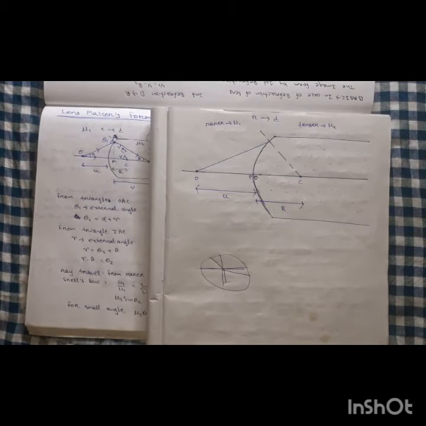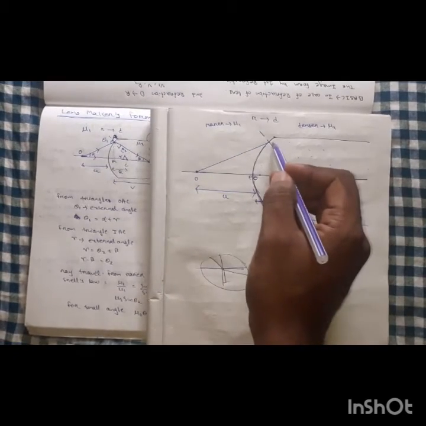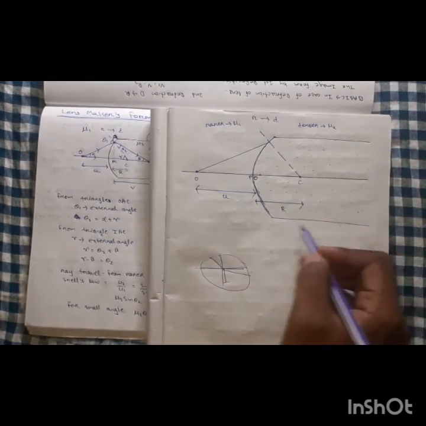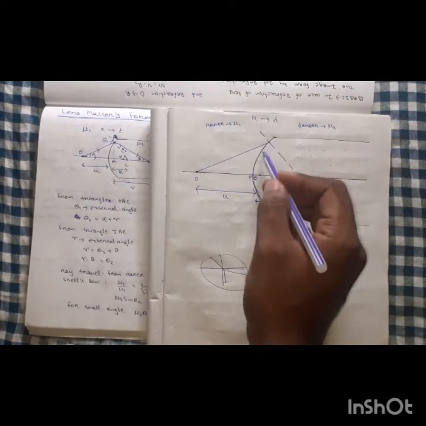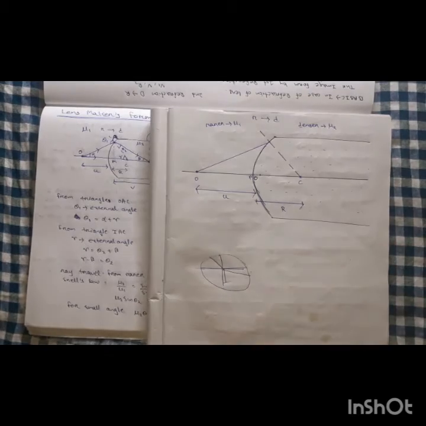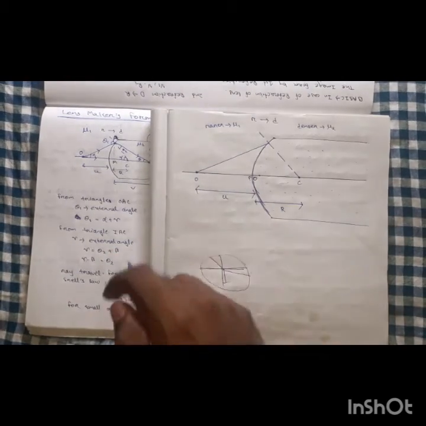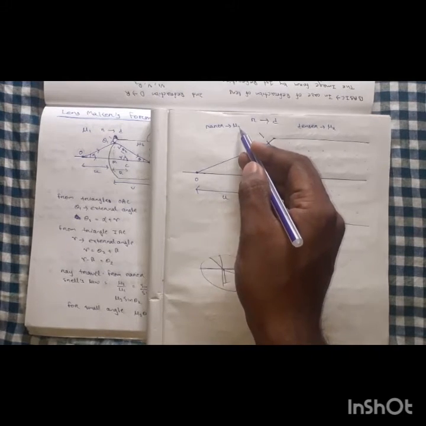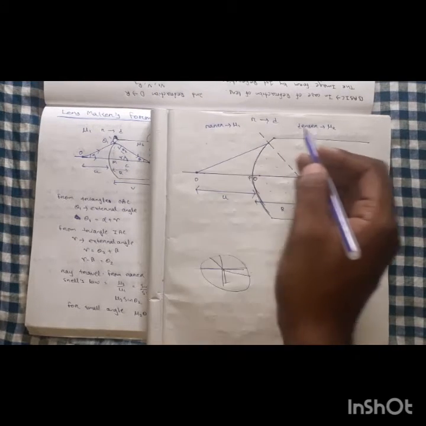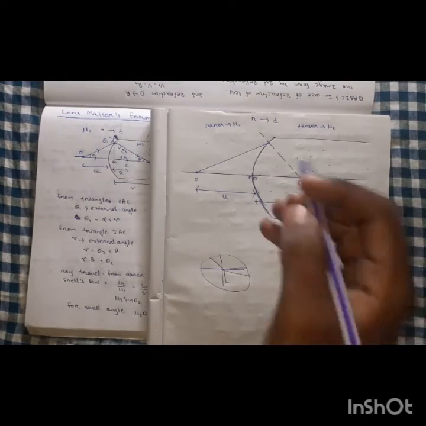Okay, let's see. It is an air medium and this is a convex surface material. It is one medium, and this is another medium. I take it as mu1, which is the rarer medium, and this is the denser medium, mu2.